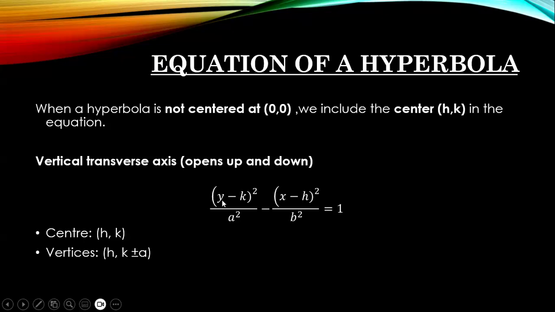And our formula is (y minus k) squared over a squared minus (x minus h) squared over b squared equals 1. As I said earlier, we cannot use (0, 0) for our center because it is farther away from (0, 0), so we replace it with h and k. And the vertices are (h, k plus or minus a).